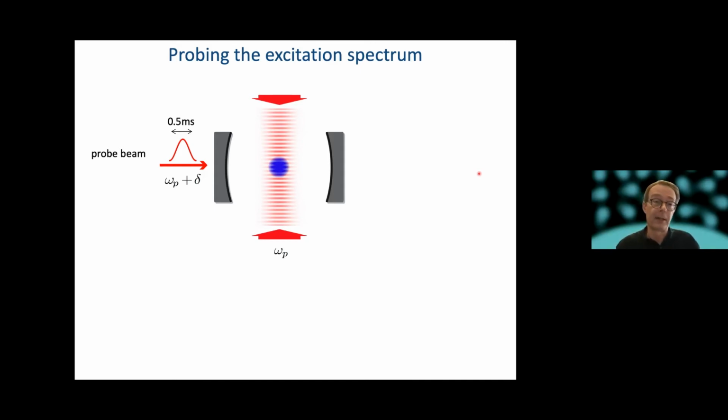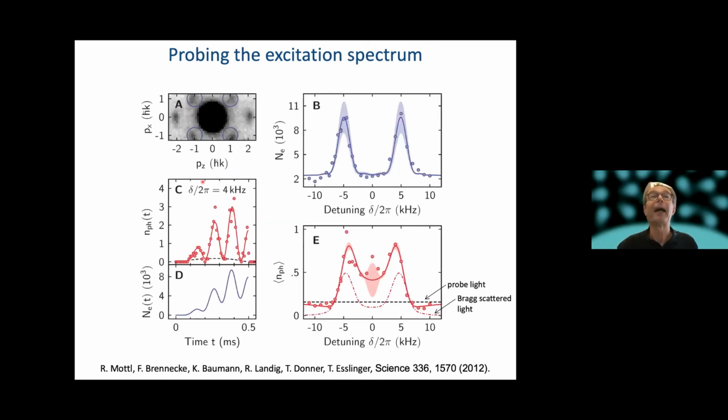ordered situation. And what we can do to probe this phase transition is we send a weak pulse with a frequency difference compared to the pump pulse into the cavity and look at whether we can excite the system. We can either watch the photons, but we can also watch the momentum peaks. And we can then change this frequency, this delta here. And these are data where it's shown.